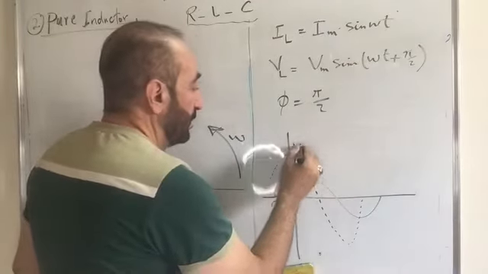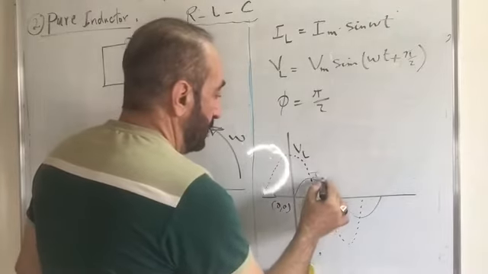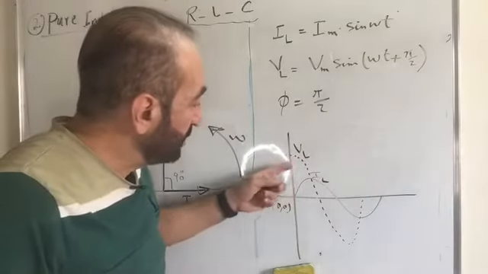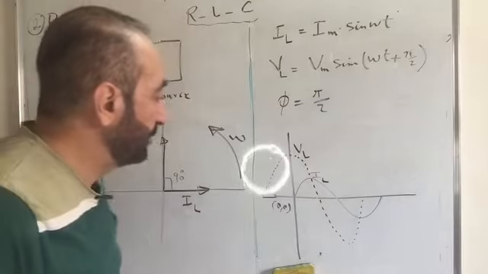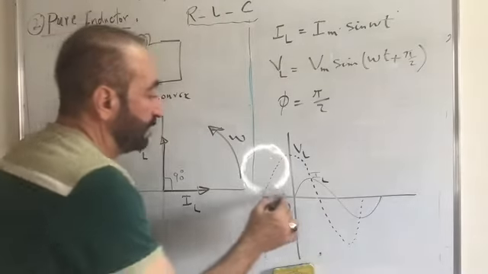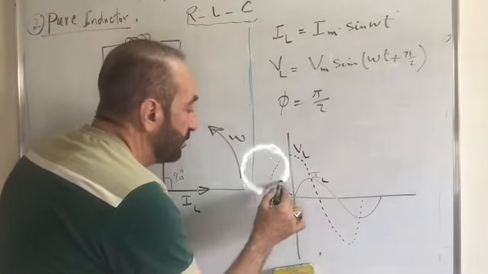And we draw V sub L as greater than I sub L. Okay, this means pi over 2.